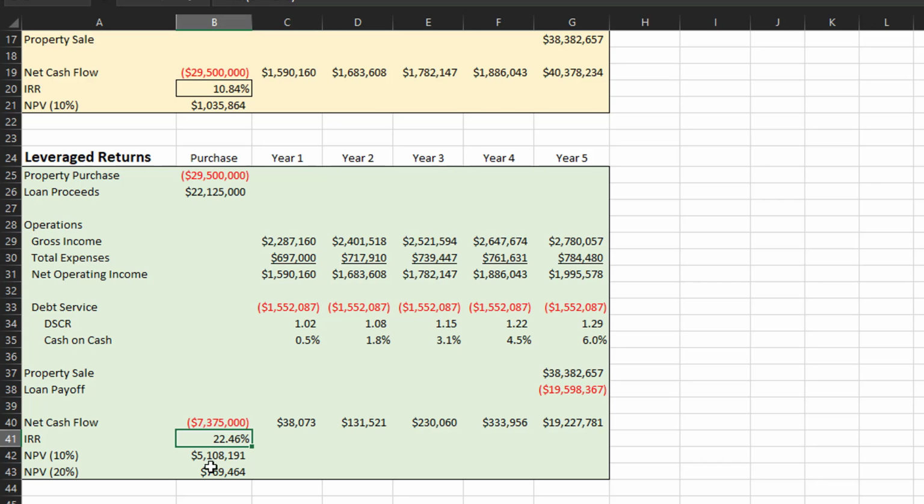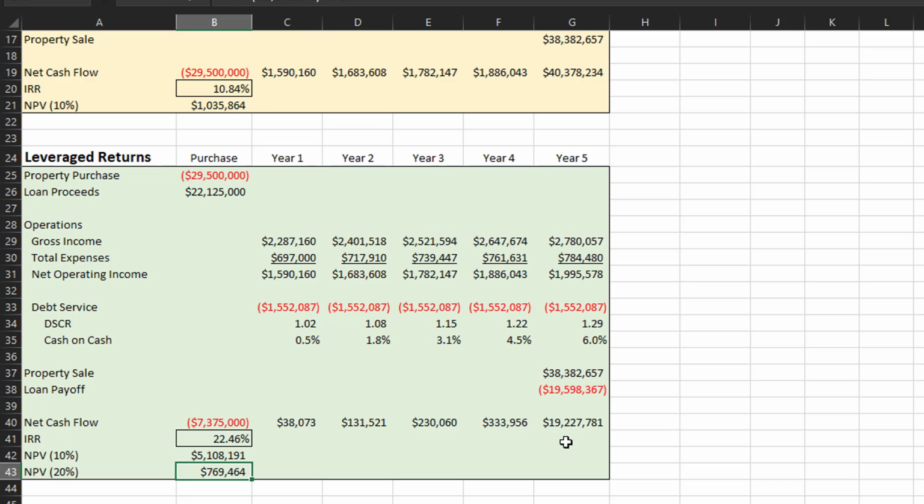In this case, I picked an arbitrarily higher number of 20% for the discount rate. We could argue about that, but it's definitely going to be higher than 10. Somewhere between 15 and 20 is probably appropriate. I've just picked 20 for illustration purposes here. So doing the NPV with a 20% discount rate still leaves us with a nice positive NPV. So we would proceed with this project if we believed all of these numbers and all of these assumptions.